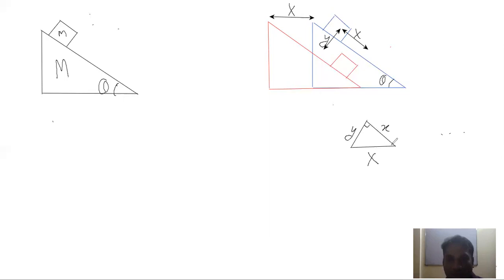And this angle is 90, this is theta. So y we have to find out. Let us say sine theta in this triangle, which is opposite upon hypotenuse. So y comes out to be capital X sine theta.